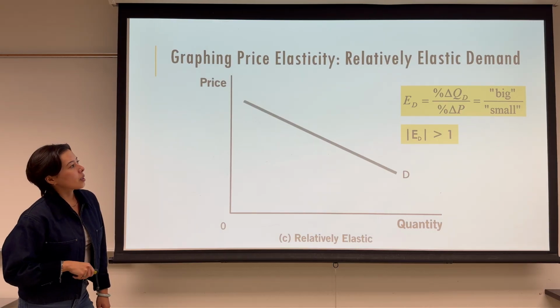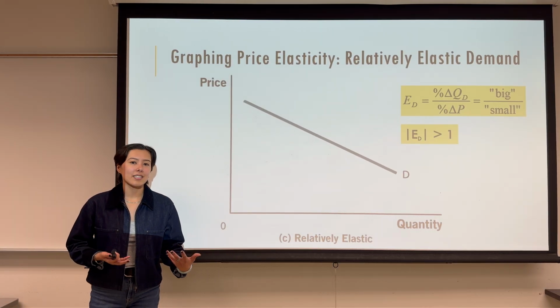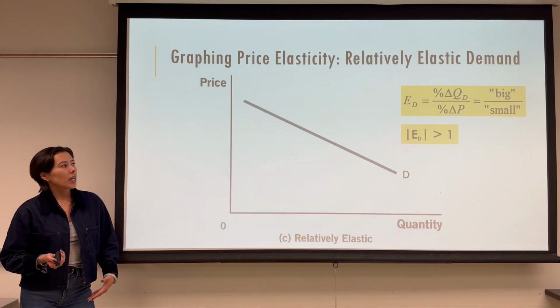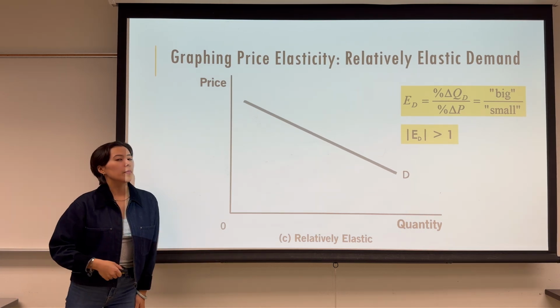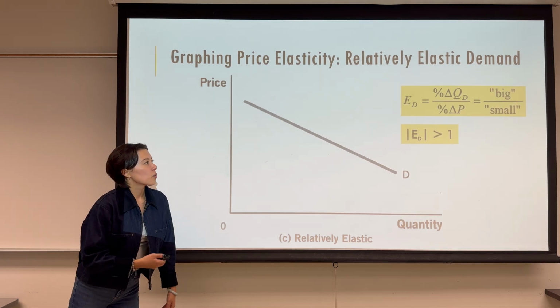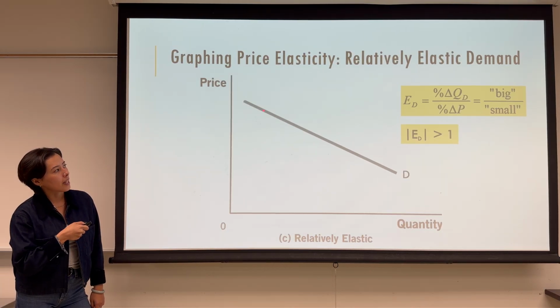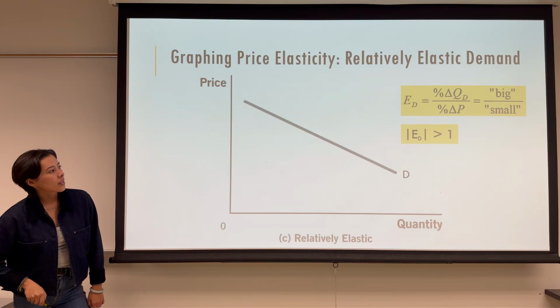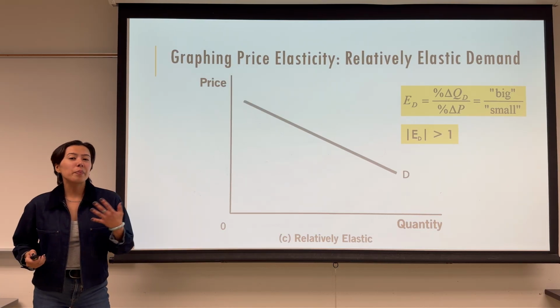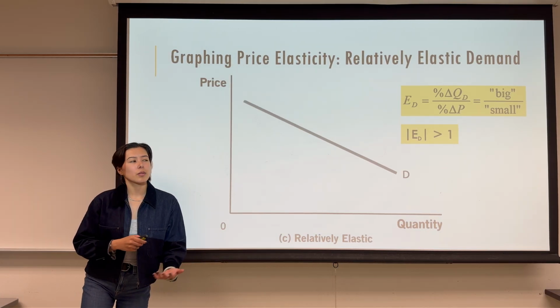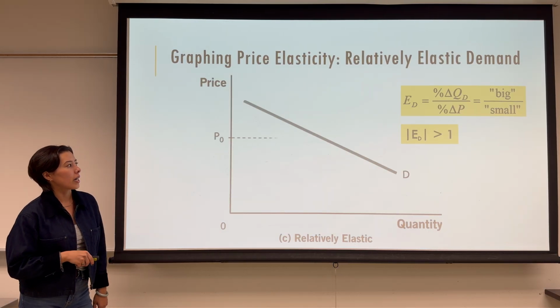All right, next up, we have relatively elastic demand. So as our demand becomes more elastic, it becomes less inelastic, we're more responsive to changes in price, and our demand curve is getting flatter. So in this example, we're going to have a very big change in quantity demanded in response to a small change in price.